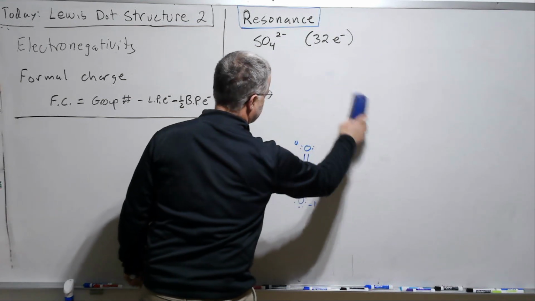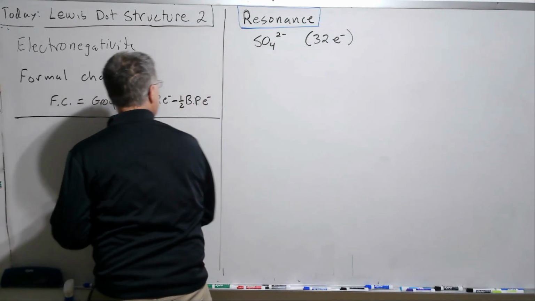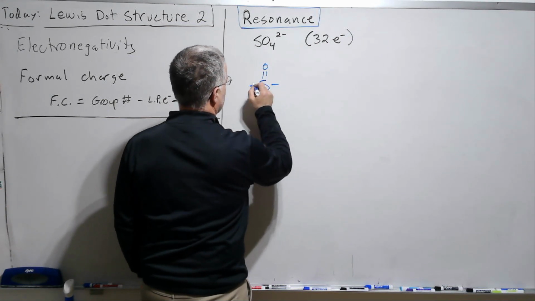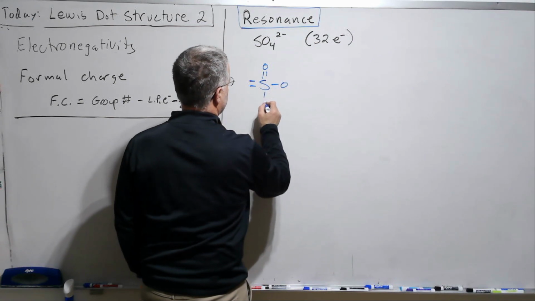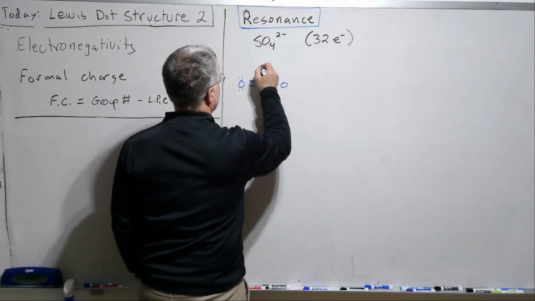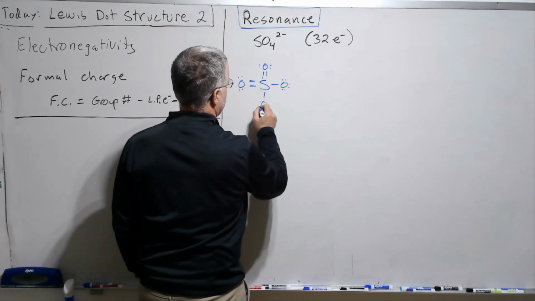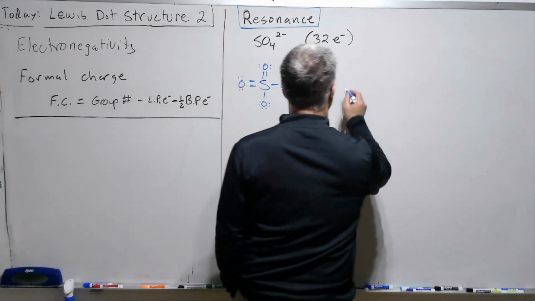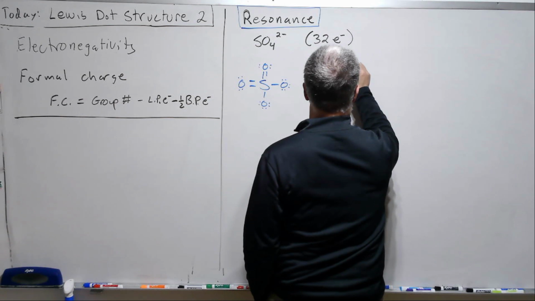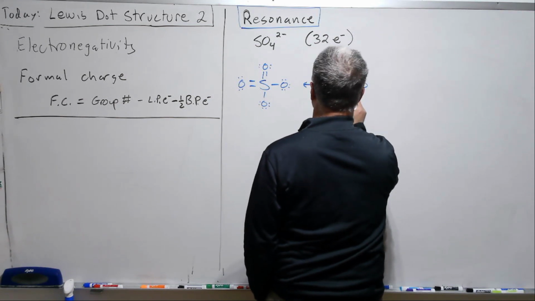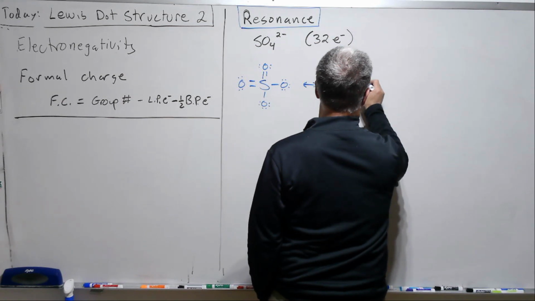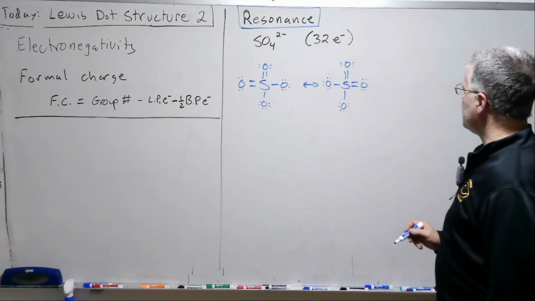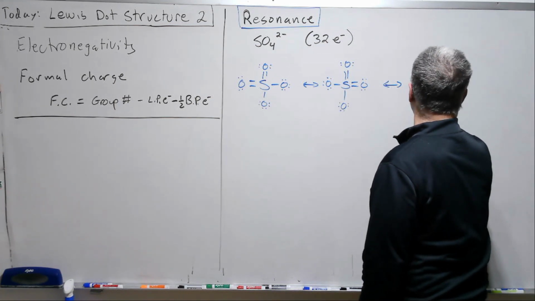So let me redraw that. And how we denote that is we would go like this, and then we put a back and forth arrow. And we have another pair of double bonds. And we do this for all of them.